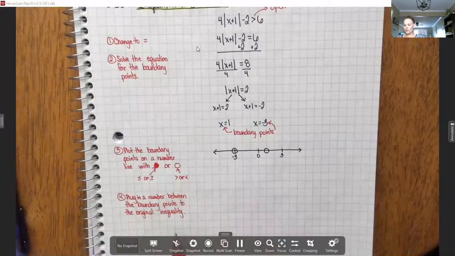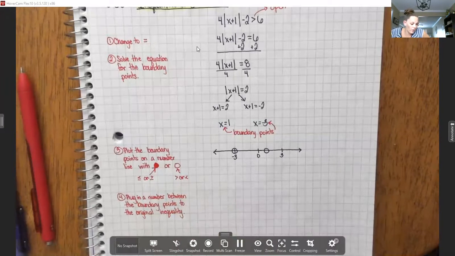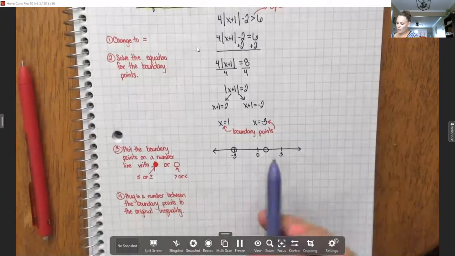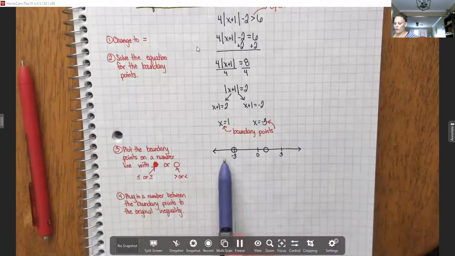And if you only have one boundary point, you would just plug in a number to the left or right. It doesn't matter. So plug in a number between the boundary points to the original inequality.